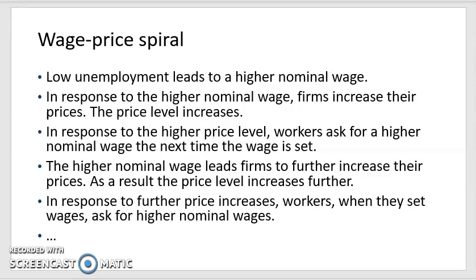The higher nominal wage leads firms to further increase their prices. As a result, the price level increases further. And in response to further price increases, workers, when they set wages, ask for higher nominal wages. And so the race between price and nominal wages results in a steady wage and price inflation over time.